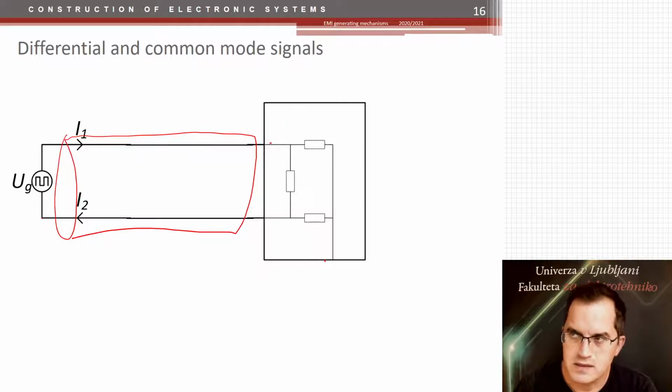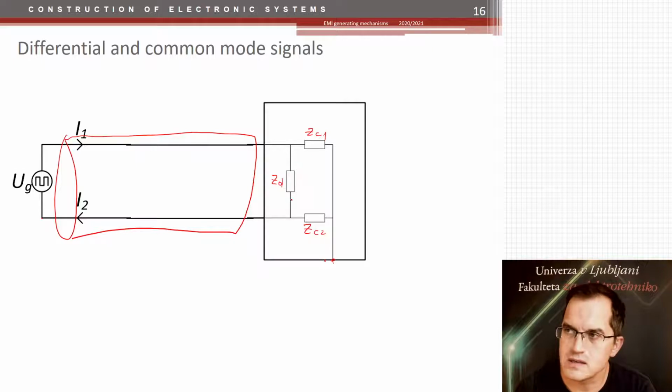Now, this input of that device, whatever it is, contains some impedances. This is the impedance between one line and the other, which I will call the differential impedance. And these are two common impedances, common mode impedance 1 and common mode impedance 2, and these are connected to some case. Now, where do they come from?